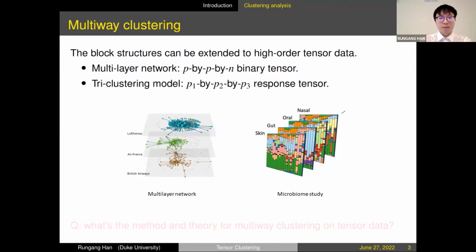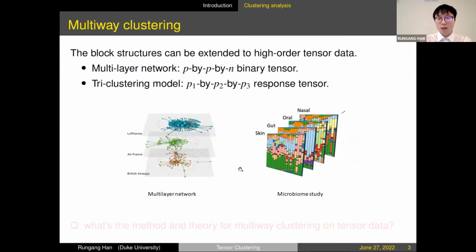Within one slice, we connect two nodes, which represent different cities, if there is some flight operated by this particular airline. We can also extend this idea from the bi-clustering model to the tri-clustering model, where we have a P1 by P2 by P3 response tensor. This has many supportive applications and motivations in biological study. For example, in the right panel, we have microbiome study data, where each slice represents microbiome measurements at a different human body part, for example, skin and gut.